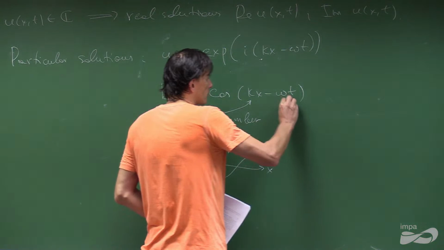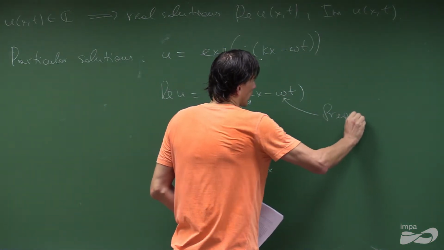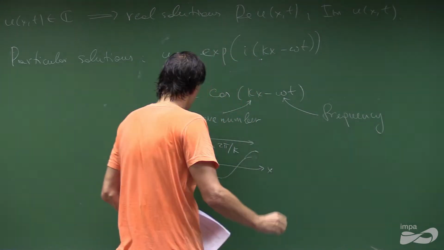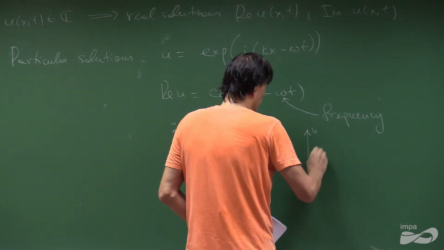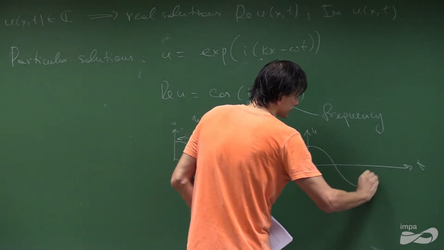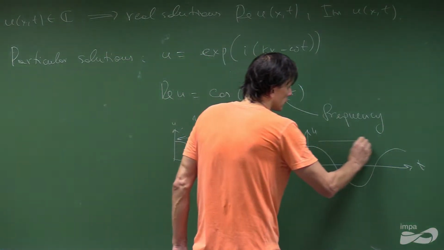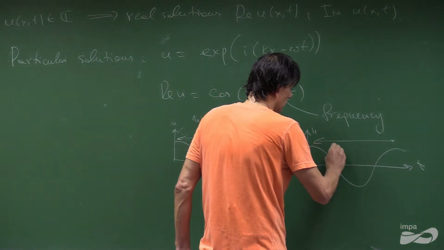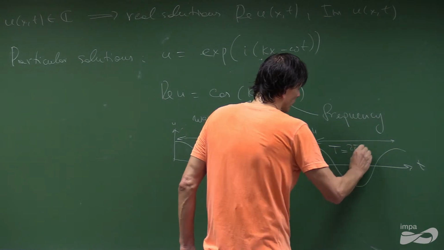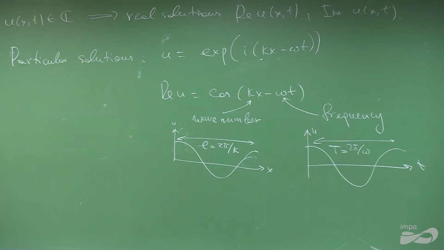In a similar way, omega is called the frequency, or angular frequency. u as a function of time is a periodic function, and the period is 2π over omega. That's how you relate space and time dependence in this solution.